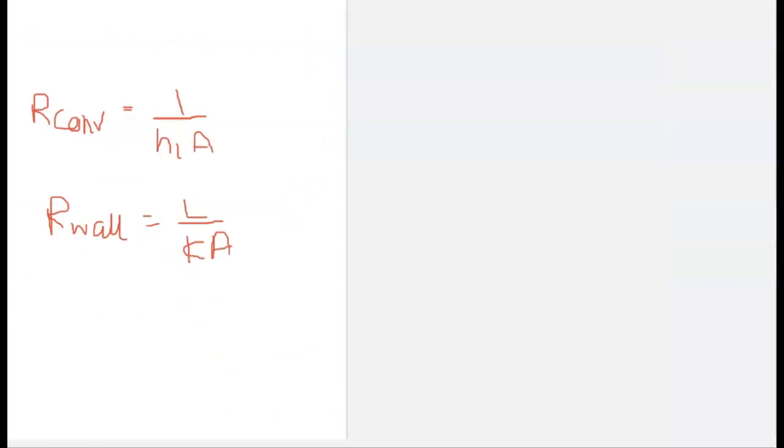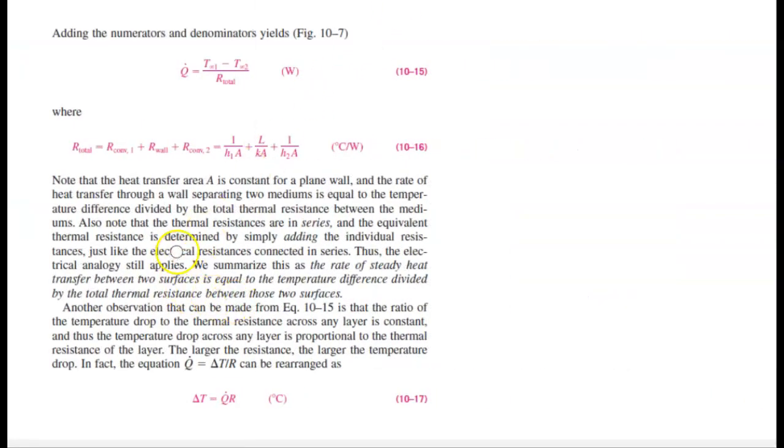Okay. Now, the formula for R total is R convection 1 plus R wall plus R convection 2. And I can add that one. The units are going to be in centigrade per watts.